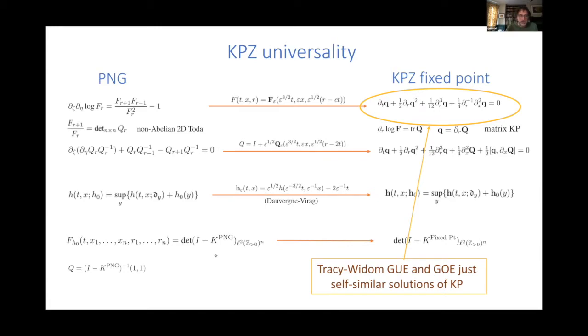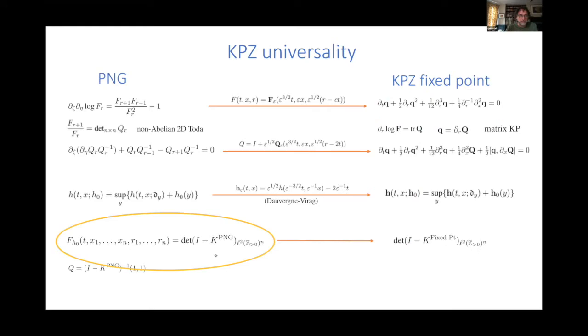So now I want to talk about this Fredholm determinant representation. All the results above, these formulas, the fact that these things are solutions of these integrable equations, all is derived directly from these determinantal formulas for the finite dimensional distribution.